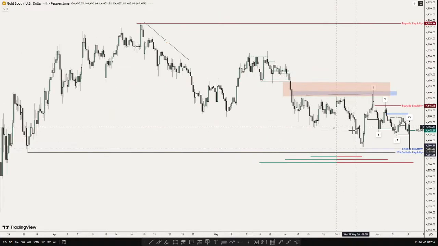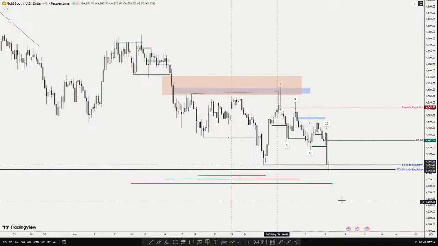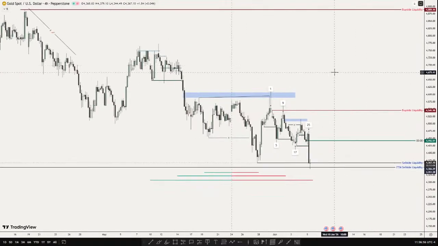Looking at this structure mechanically, I utilize the IPDA data ranges on the 4 hour. IPDA data ranges are simple.